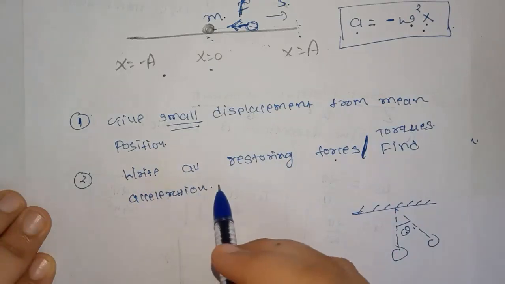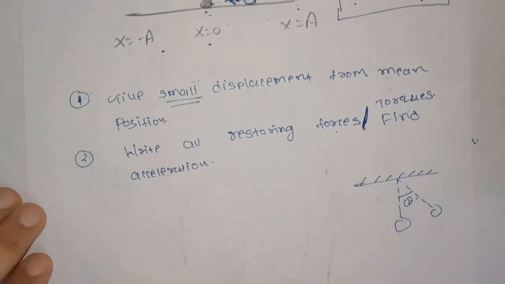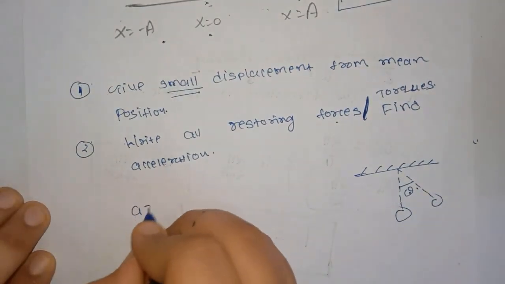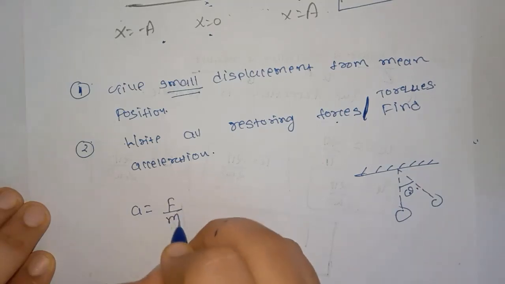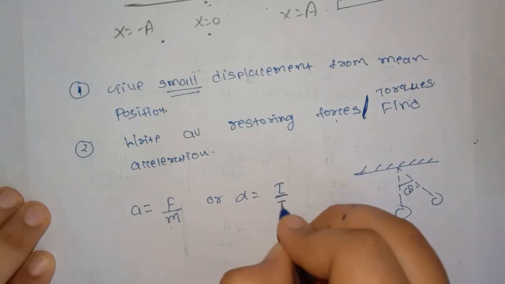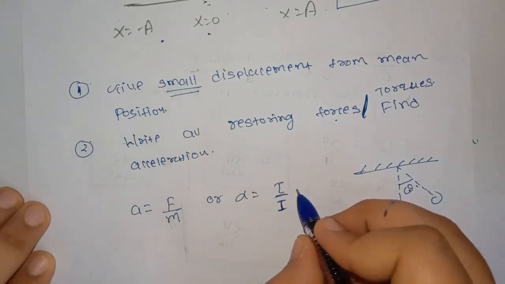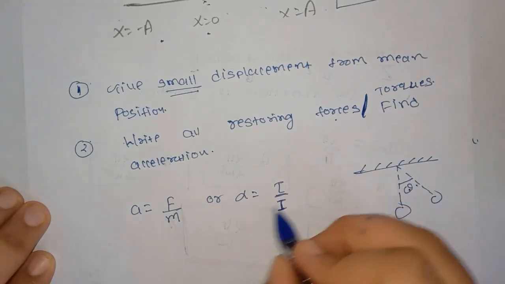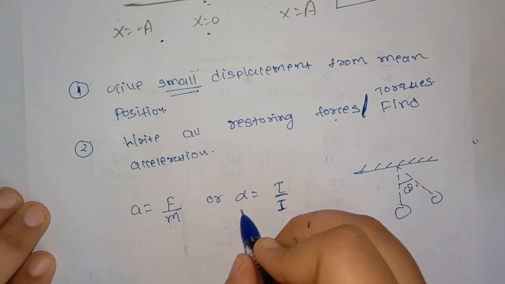Then we can find the acceleration from the equation a equals F by m, or alpha equals tau by I. Here tau is the torque and I is the moment of inertia. Alpha is the angular acceleration.